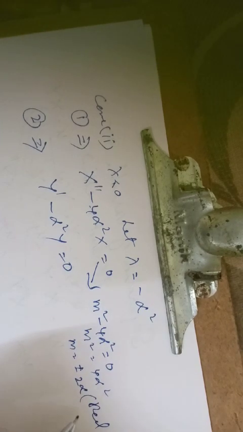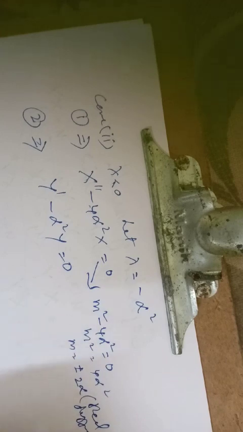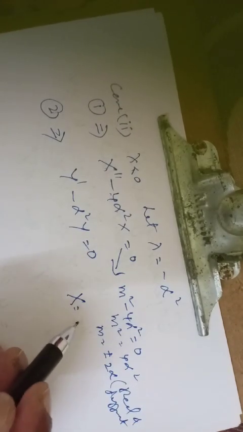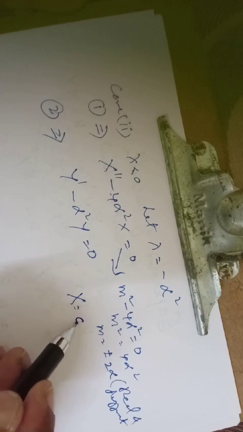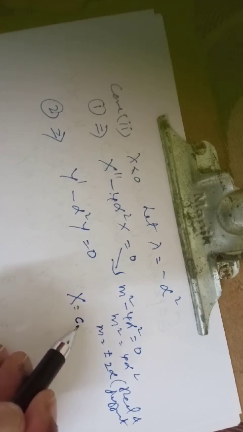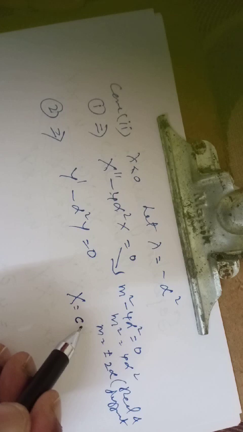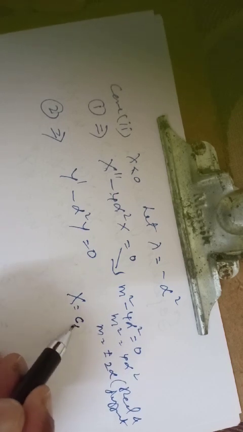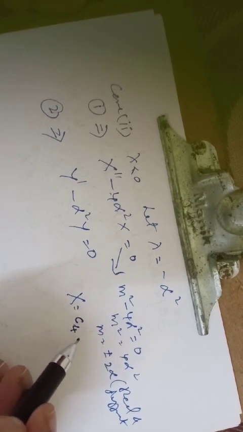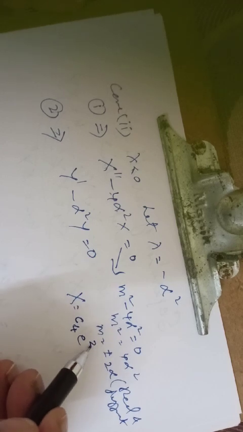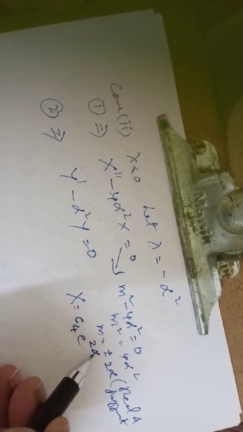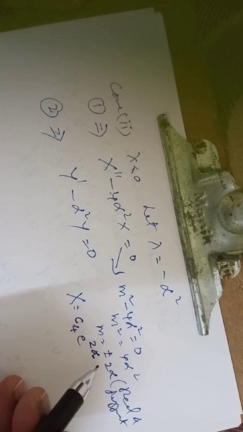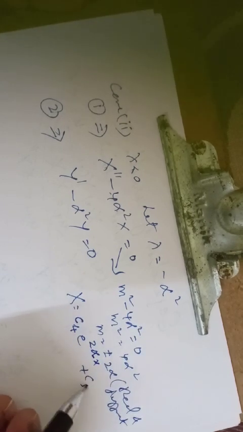Real and different roots. When we get real and different roots, how can we write the solution X? Instead of c1, c2, since we have already taken up to c3, now we can take another constant c4. X is equal to c4 e raised to 2 alpha x plus c5 e raised to minus 2 alpha x.